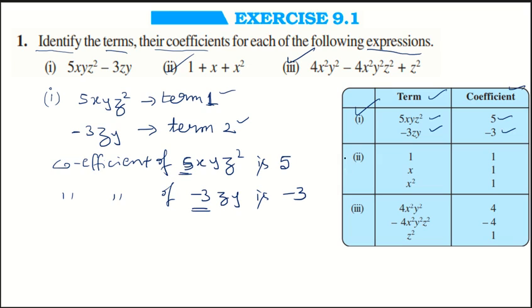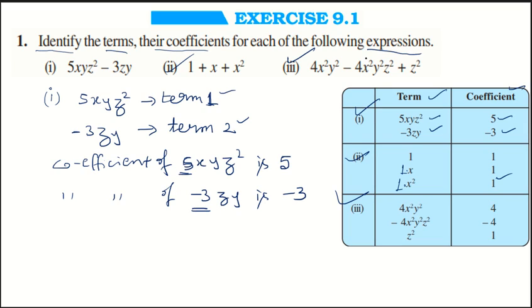So for the second one and third one, I expect you doing like this as a table. Which are the terms? Terms are 1, x and x square and their coefficients are in each term. Coefficient of 1 is 1 only, coefficient of x is 1, coefficient of x square is 1. Why? Because there is nothing, means we will write 1 into x, 1 into x square.